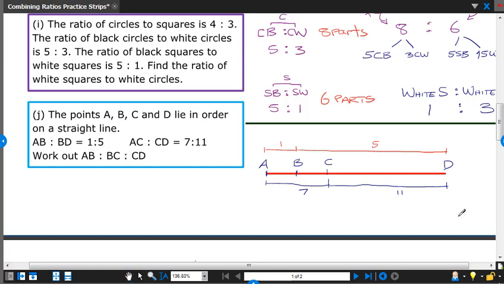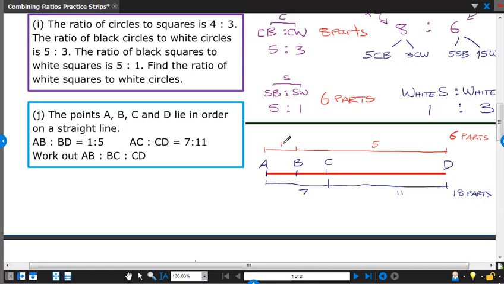We have 6 parts on the top. So see this red here is 1 plus 5. This is 6 parts. And on the bottom, we have 7 plus 11. That's 18. We have 18 parts. And what's the connection between 6 and 18? 6 times 3 is 18, right? Don't we know that? 6 times 3 is 18.